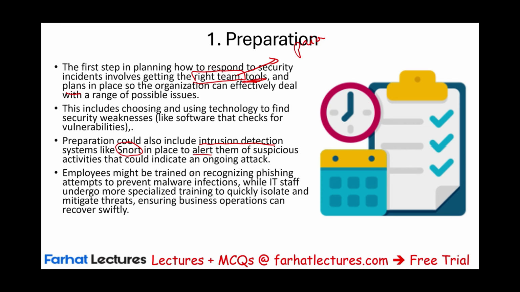Employees might also be trained on recognizing phishing attempts to prevent malware infection. This is part of the preparation, while IT staff undergo more specialized training to quickly isolate and mitigate threats, ensuring business operations can recover quickly. So in the preparation step, you have to have the people ready, IT and non-IT, you have to have the tools available, and you have a plan to respond. So this is what takes place in the preparation step.